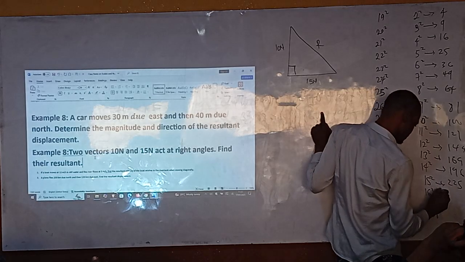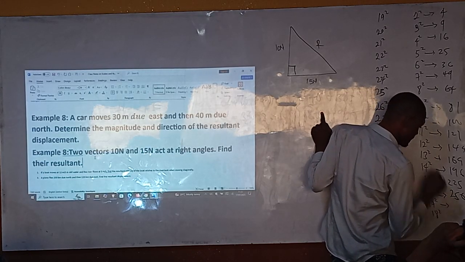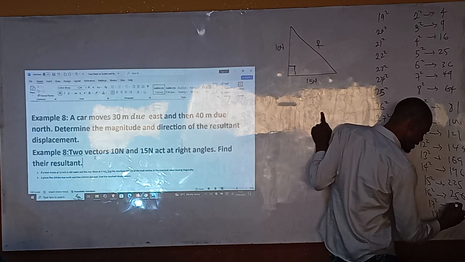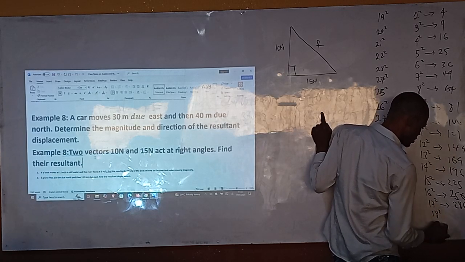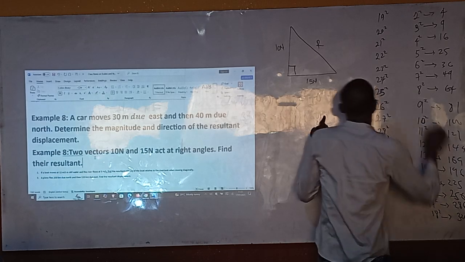16 squared is 256, 17 squared is 289, 18 squared is 324.